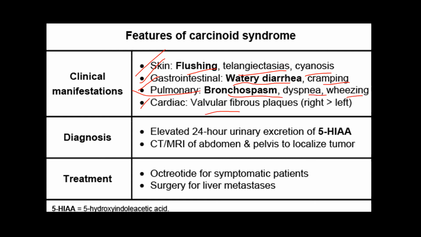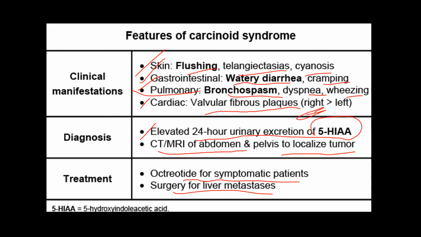Cardiac findings include valvular fibrous plaques, mostly in the right more than the left, and the diagnosis is based on elevated 24-hour urinary excretion of 5-hydroxyindole acetic acid, and CT and MRI of the abdomen and pelvis are taken to localize the tumor, whereas the treatment is octreotide for symptomatic patients and surgery for liver metastasis.